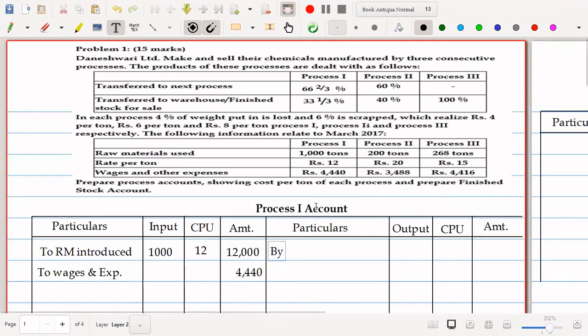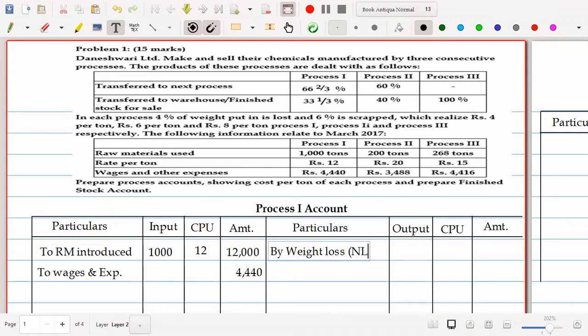So in this problem, in each process 4% of weight put in is lost and 6% is scrap. Scrap means it is normal loss which has resellable value, that is it has scrap value, which realizes rupees 4 in process 1. So let us first take by weight loss. Even this is also considered as normal loss itself.